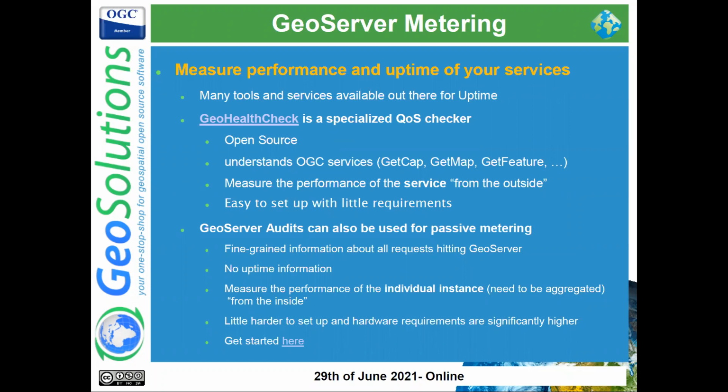The kind of information that you get is different. It's more fine-grained, so you have information about response time and so on. And it's a kind of passive metering. So we're not prompting the service and looking at the response. We're actually looking at the service as it's serving requests to the end users.